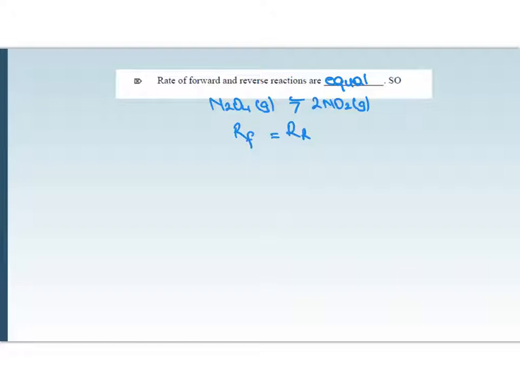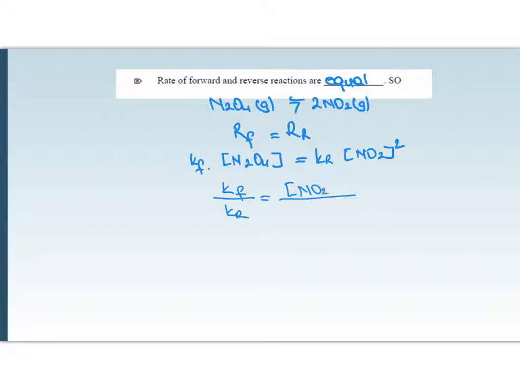For the first one, rate forward is K forward times the nitrogen tetroxide concentration, equal to K reverse times the nitrogen dioxide concentration squared. When you gather all the rate constants on the left hand side, it's going to be Kf over Kr is equal to nitrogen dioxide's concentration squared over the nitrogen tetroxide concentration.